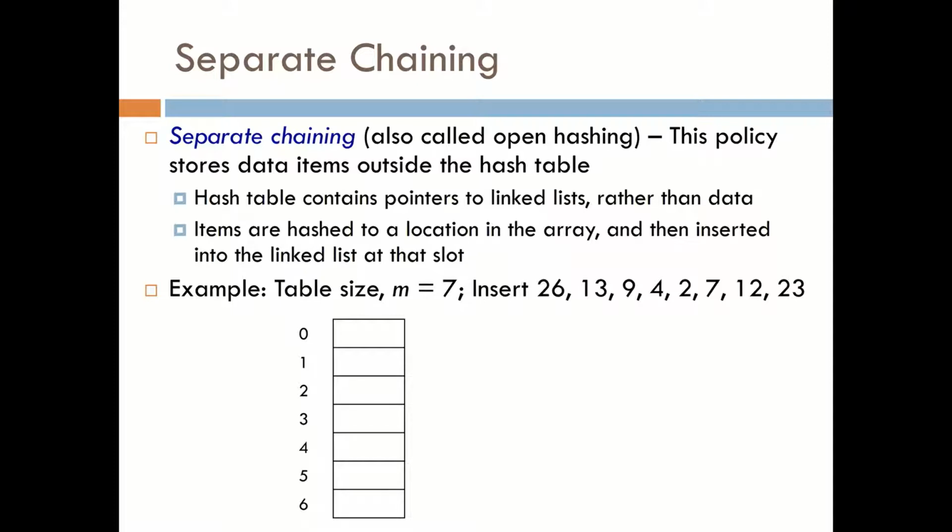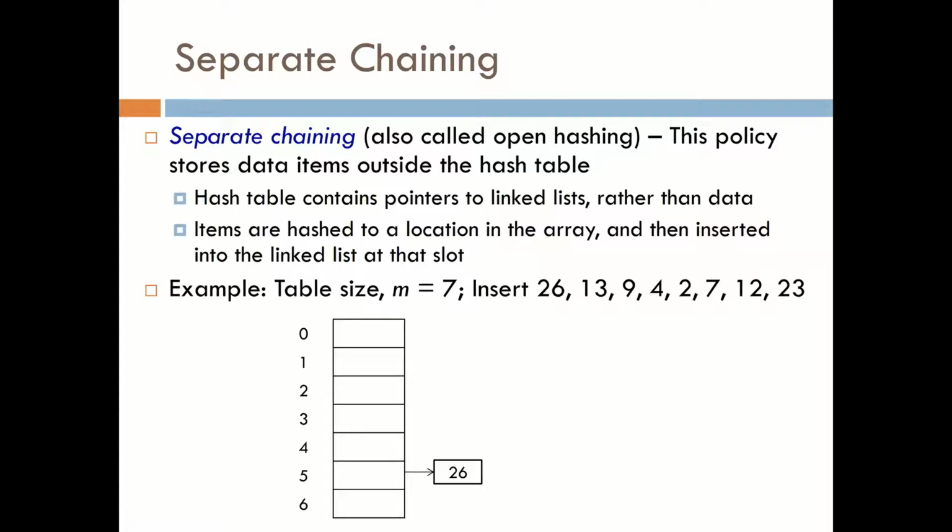So we begin, and we will use the direct mod hash function to just keep things simple. So we begin by looking at value 26, and 26 mod 7 gives me a remainder of 5, and so we insert 26 at the head of that linked list.